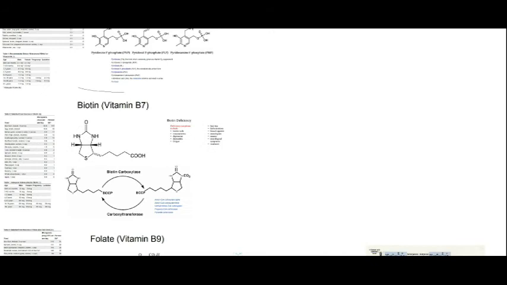Biotin, vitamin B7. Biotin is one of its more functional things is the fact that it's this kind of long molecule. We will see when we get into metabolism in later videos that having that long chain allows it to move around in different directions quite a bit.